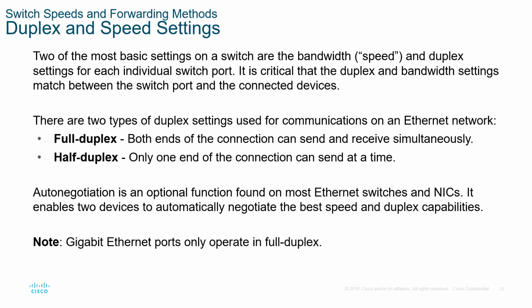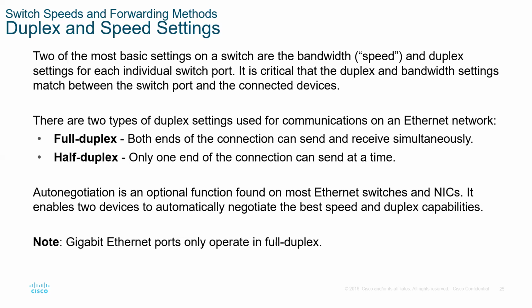Half duplex sending in one direction, full duplex bidirectional communication, sending and receiving simultaneously. We have what we call auto negotiation, an optional function found on Ethernet switches, which enables devices to automatically negotiate the best speed and duplex capabilities.